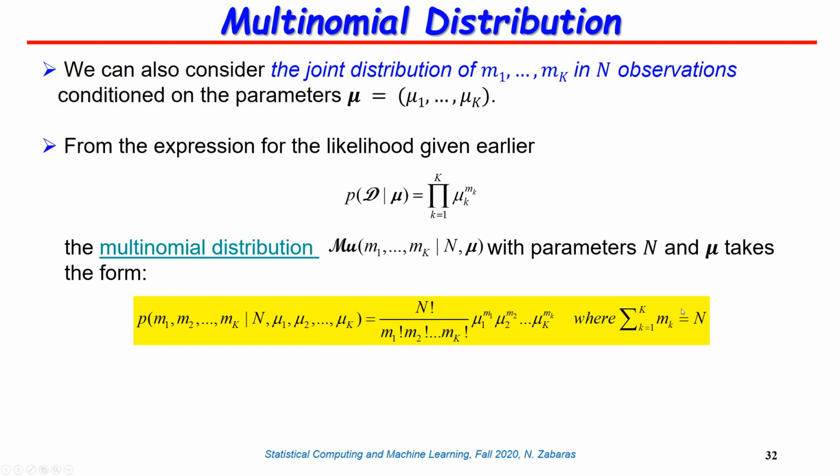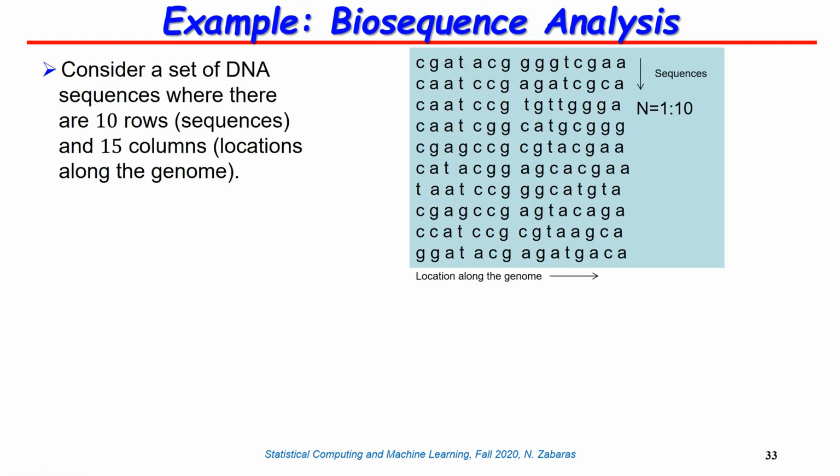All right, the summation of all these m's obviously has to be equal to the number of experiments, n, and again, I'm not going to give you a proof that this is properly normalized, but effectively you can see why the multinomial distribution generalizes the Multinoulli distribution for n equal to 1 that we saw in the previous slides.